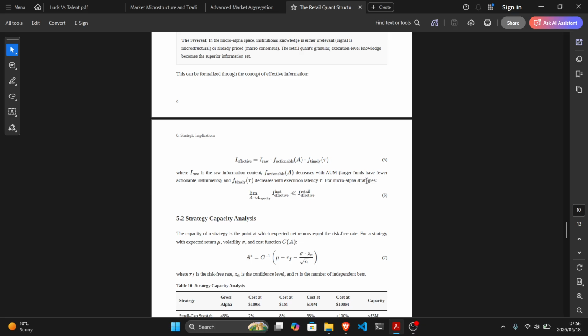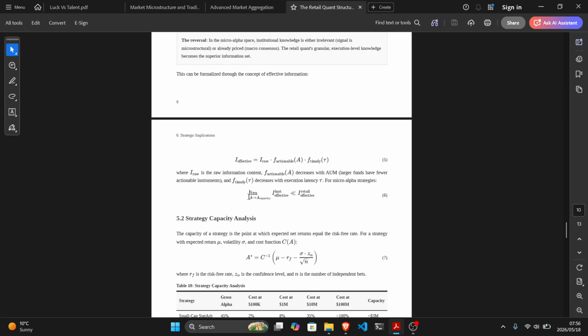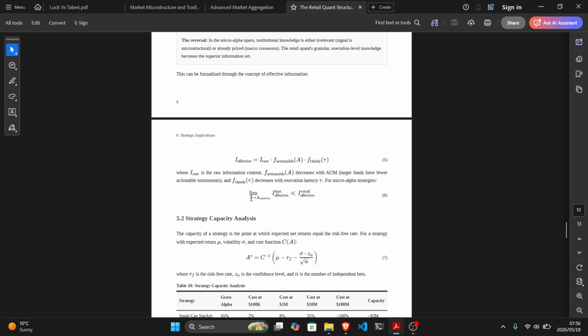For micro-alpha strategies, the limit of I sub effective of institutions is much less than the information content of retail, at least as the AUM tends towards A sub capacity, right? So as the assets under management increase, essentially institutions' information content becomes less effective.